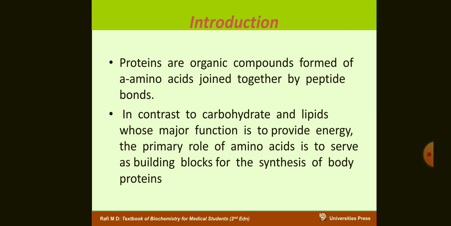In contrast to carbohydrates and lipids, whose major function is to provide energy, the primary role of amino acids is to serve as building blocks for the synthesis of body proteins.